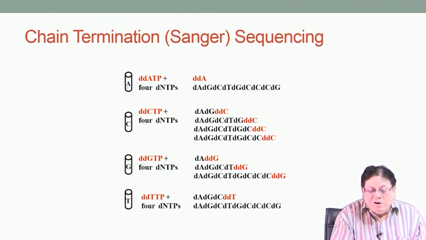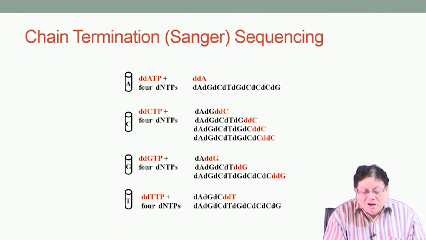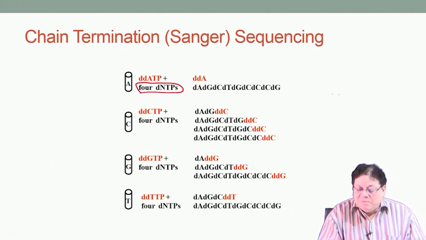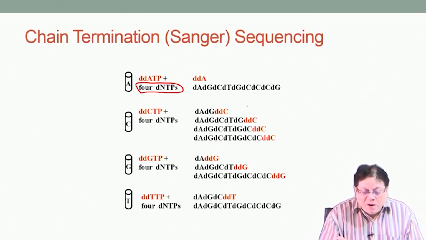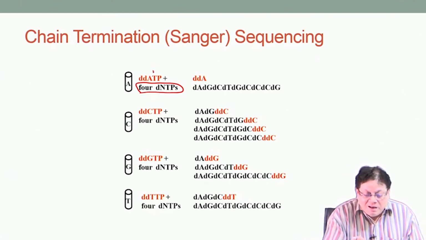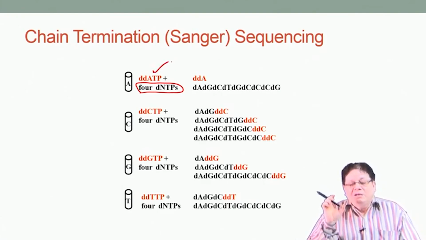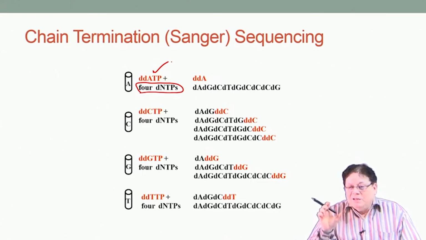So, in one Eppendorf, as I said, you add all the 4 dNTPs plus the polymerase, magnesium, everything, primer. But in addition, what you add is ddATP. So, if you add ddATP, then the chain will terminate whenever there is a requirement of A.